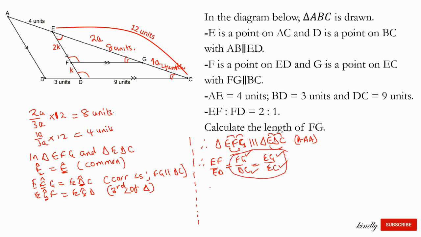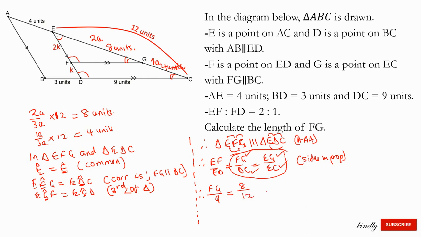So now FG over DC, where DC is 9 units, is equal to EG over EC. I have to write sides in proportion. Don't forget that. That is equal to 8 units over EC, which is 12.